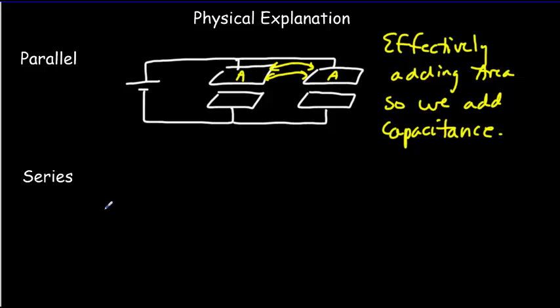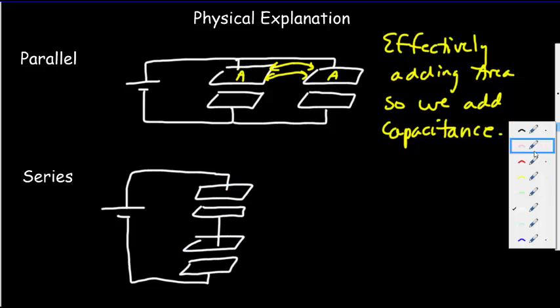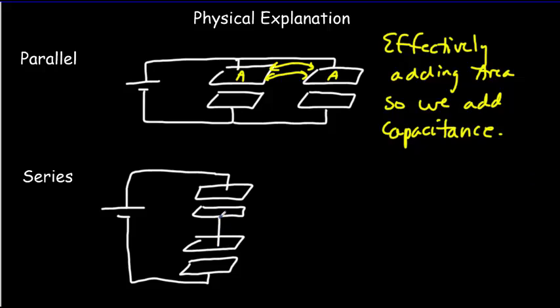In series, let's take these parallel plate capacitors in series. This conductor here, doesn't matter how long or short you draw it. I could effectively take that out of the picture.